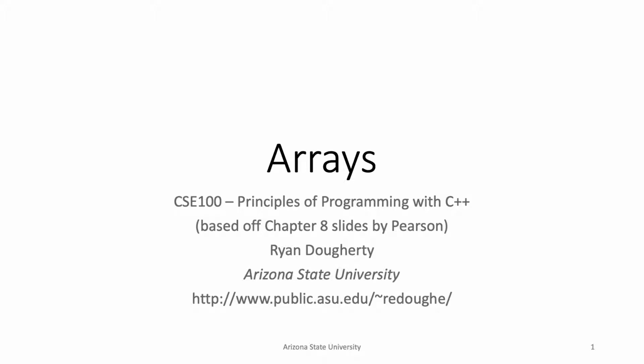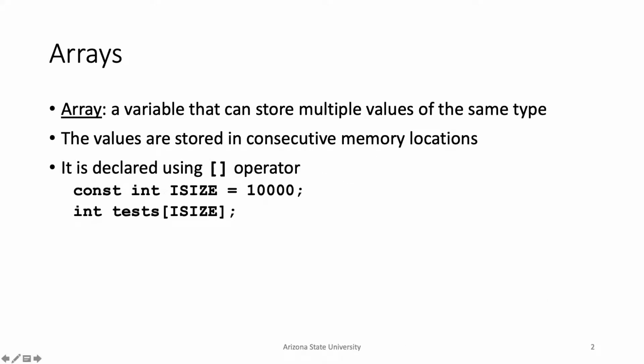We could have a bunch of any type that we want. In this case, the one we went over before, we're making an array of integers, a whole bunch of integers all in one piece of memory. So one gigantic block of memory. In this case, there are 10,000 integers in this array.